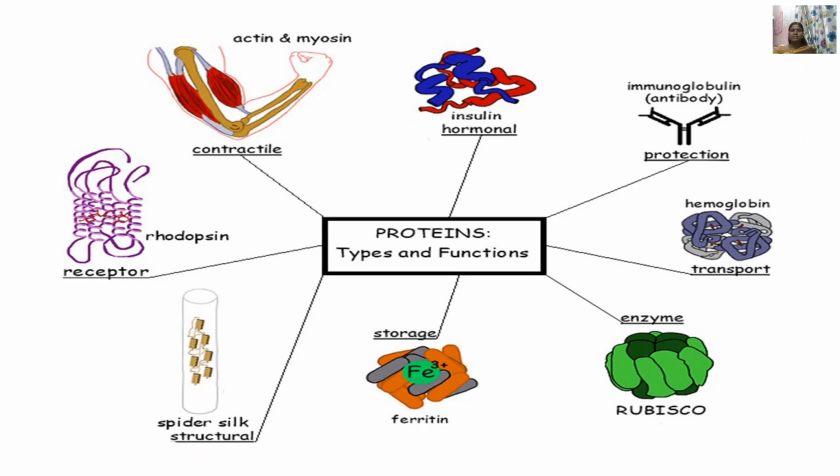Proteins transport gases, for example hemoglobin, and biological reactions are carried out by enzymes. Storage proteins such as ferritin, and structural proteins such as collagen and spider silk protein, all perform structural functions. And rhodopsin acts as a receptor molecule, with a role in the vision cycle.